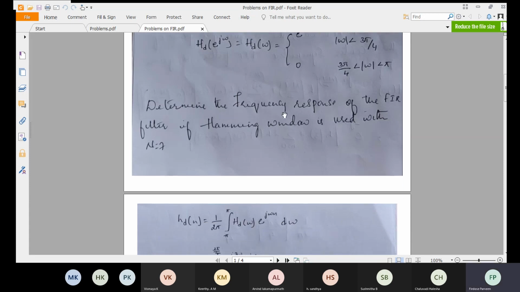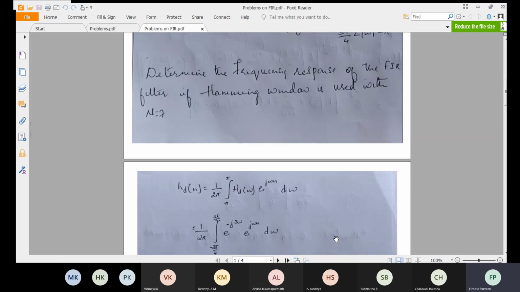What have they given? So you know this formula, HD of n is equal to, you have to take the inverse DFT. So it is nothing but 1 by 2 pi integration minus pi to pi HD of omega into e to the power of j omega n into d omega. So substitute for HD of omega and substitute for the limits.